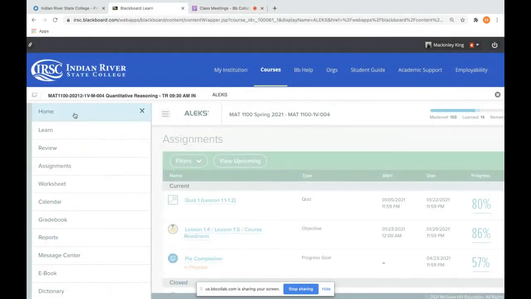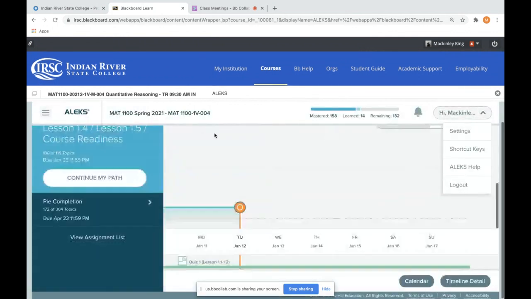Now, do you see the assignments, by the way? That's where you go if you want to go to your quizzes and stuff. But go ahead and go back to home. See where it says continue my path? That's what you use all the time.